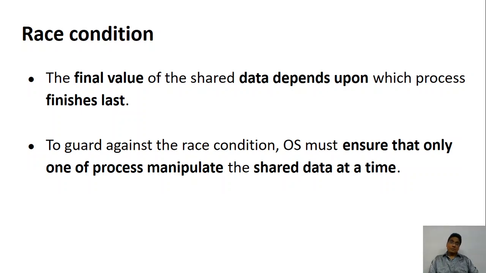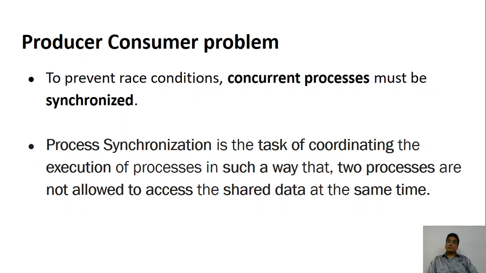Okay. So what must be done? The operating system must ensure that the updation occurs in a proper manner. So there is a kind of synchronization that happens between the two processes. If there is no synchronization, then two cooperating processes will fight with each other and destroy the entire data altogether.